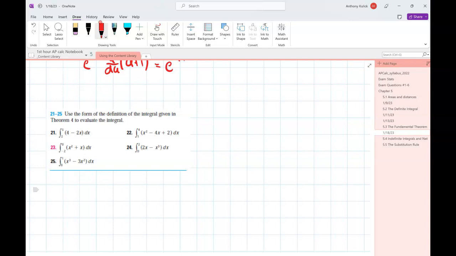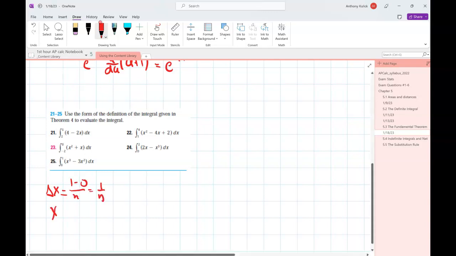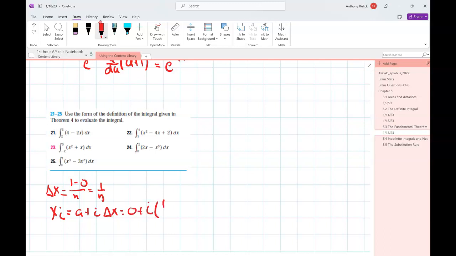So first things first, I'm going to calculate my delta x. That's going to be b minus a over n. And then I need my x sub i, which is a plus i delta x. So that's 0 plus i times 1 over n, or I'm just going to write that as i over n.